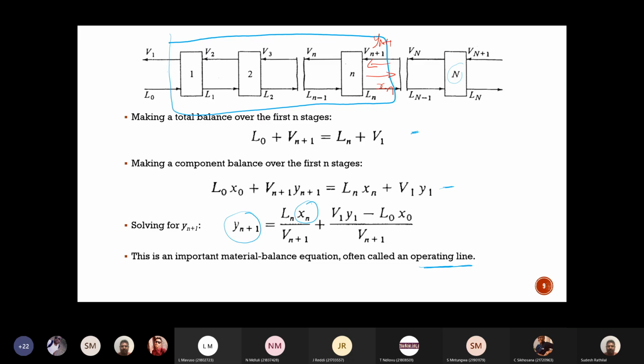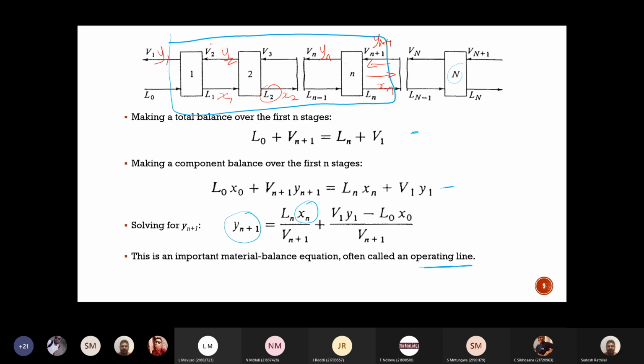The equilibrium line, what does that do? It relates compositions that are leaving the equilibrium stage. So it will relate xn to yn, same subscript. It also relates all the other ones: x2 and y2, x1, y1, and so on.